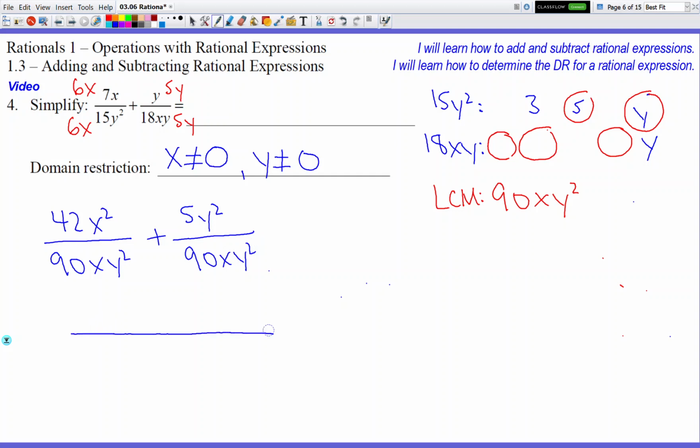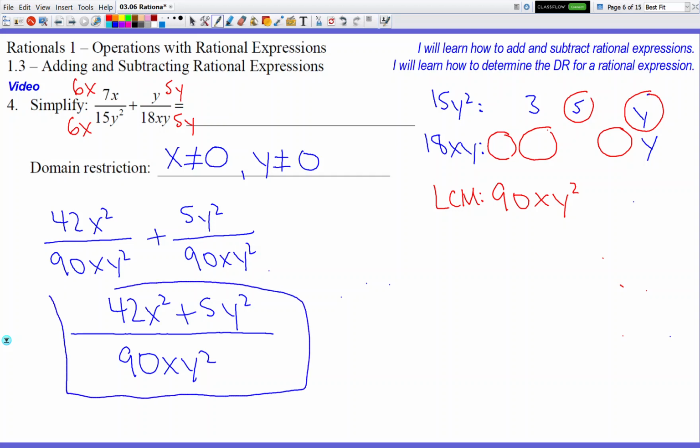So I just put everybody over 90xy squared, and then I combine whatever's on the top. Luckily 42x squared and 5y squared are not like terms, because if they were, I'd have to add them up. But luckily they're not, so I just leave them as is. Okay, so that's your final answer. All right, next problem.